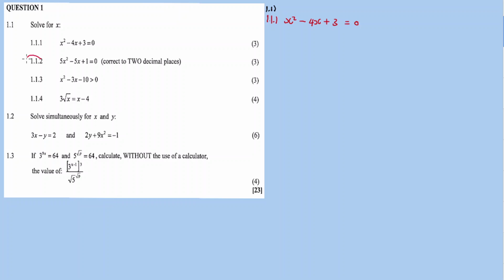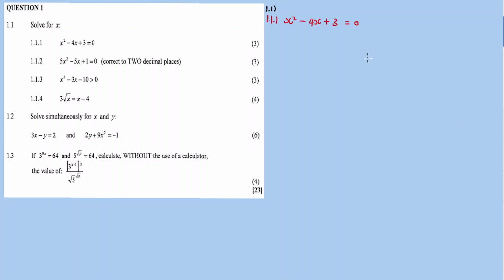But for the second one, 1.1.2, there's no way out except for the quadratic formula. So in question 1.1.1 you can use the quadratic formula or the factoring method.